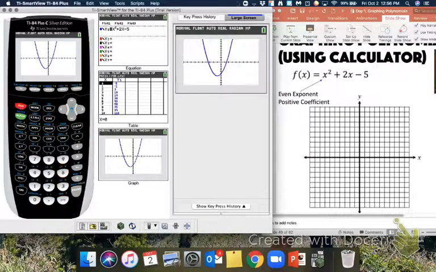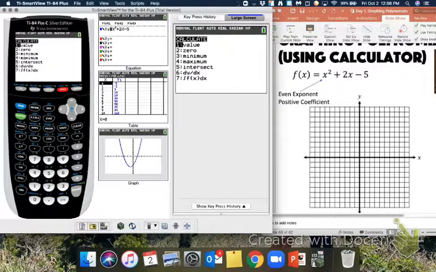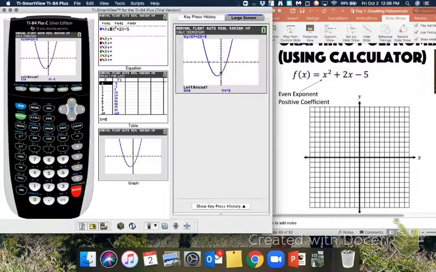So if we push second trace, and then you go to minimum right here. See how we have this little blinking cursor here? Well, I can move that over to the left, and you can just do that by clicking this button, and push enter. And then move it over to the right.